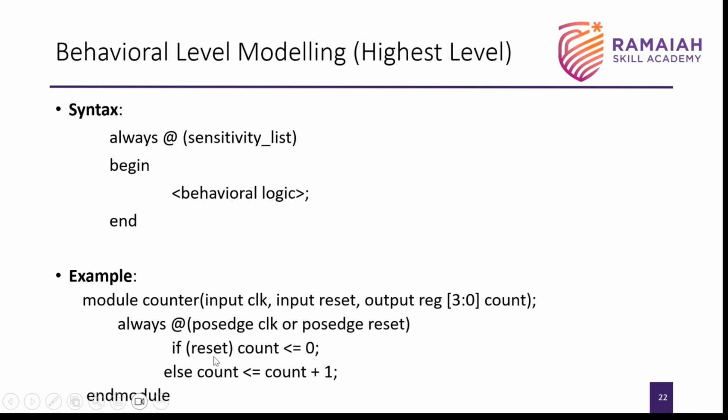If reset is high, then count is 0. If reset is 0, then count should increment: initially it was 0, then it becomes count plus 1, that is 1. In either of these cases, this logic will take place. That is how behavioral modeling works.